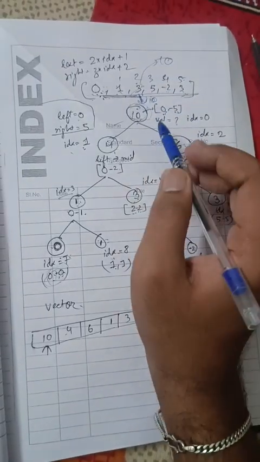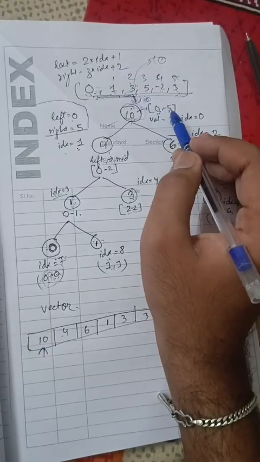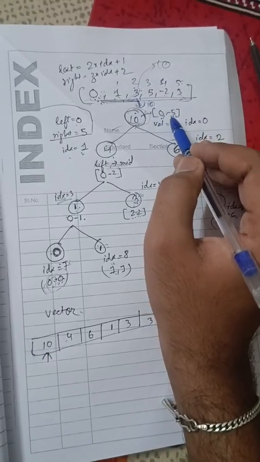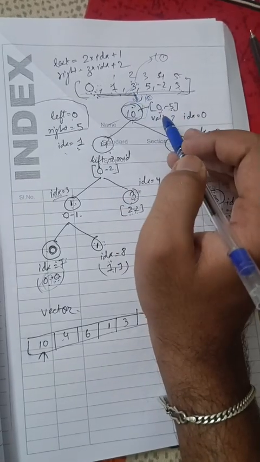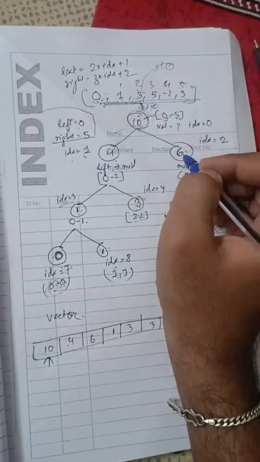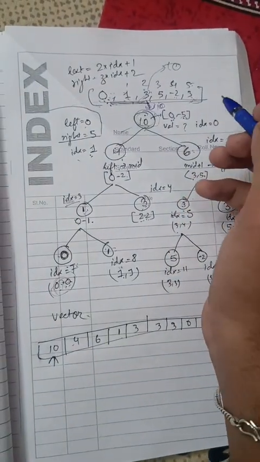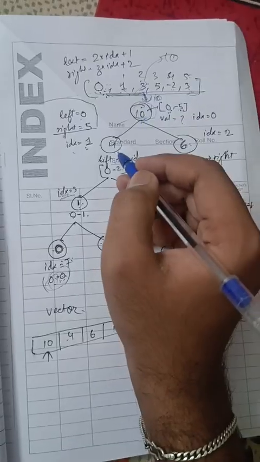So how will I update? I will see in the range 0 to 5 and find the mid value, which is 2. The index is also 2, so it will come on the left hand side, because the right hand side starts from mid plus 1. So here the mid is 2 and the index is also 2, so I will go to the left hand side.